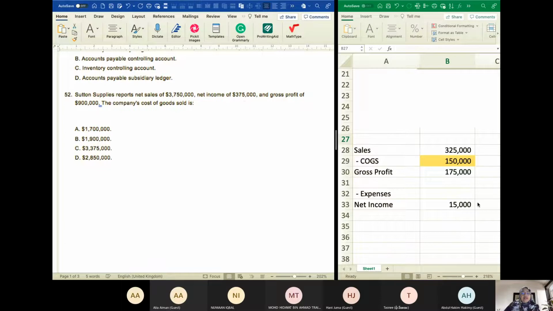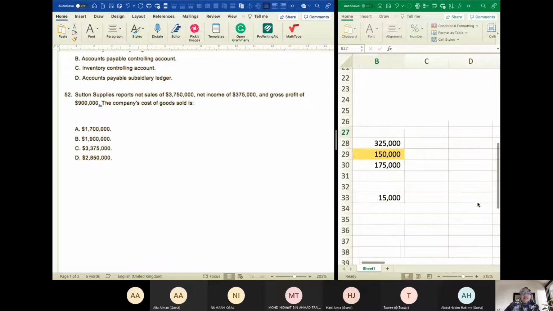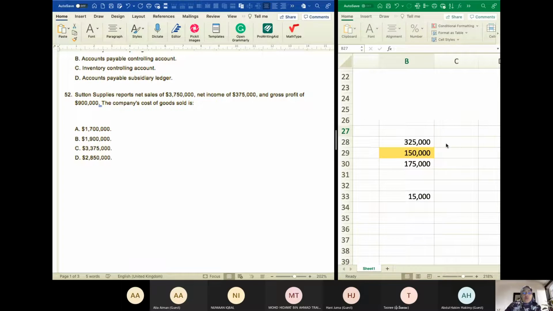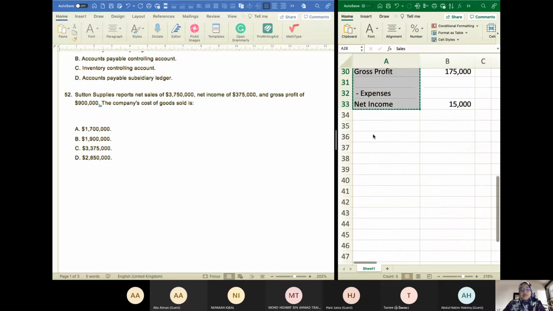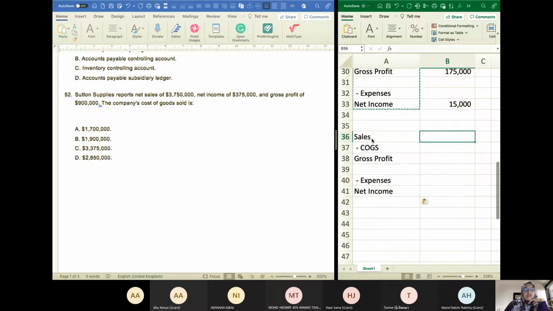The format is similar to this, where you are given sales of 3.75 million, net income of 375,000, and then you're given gross profit.